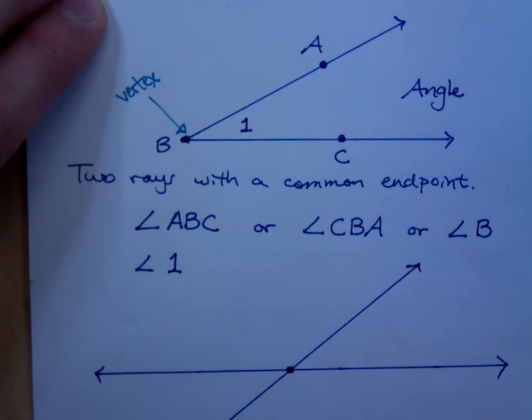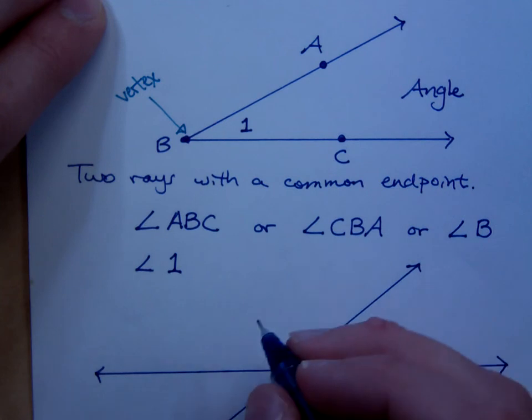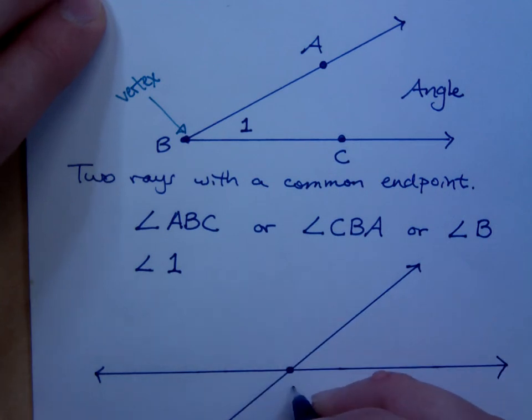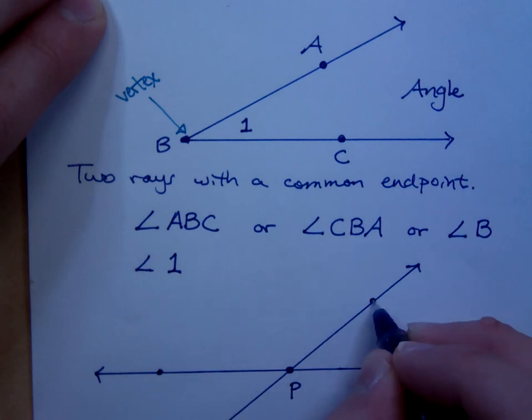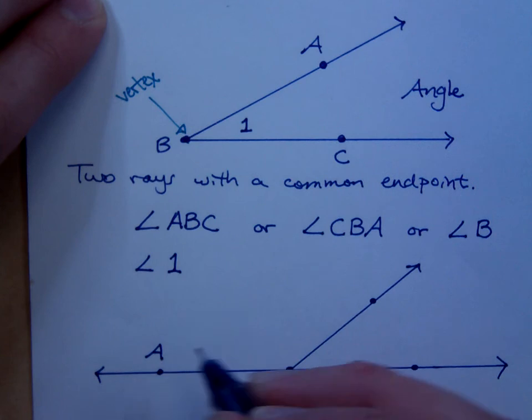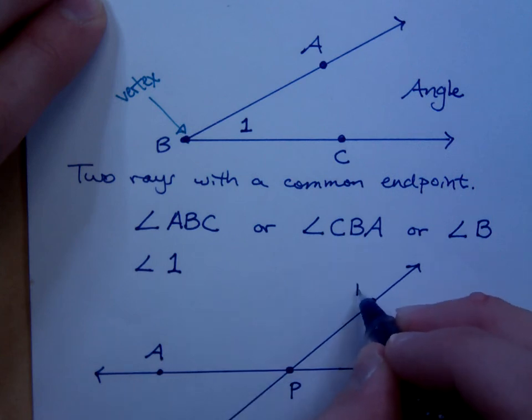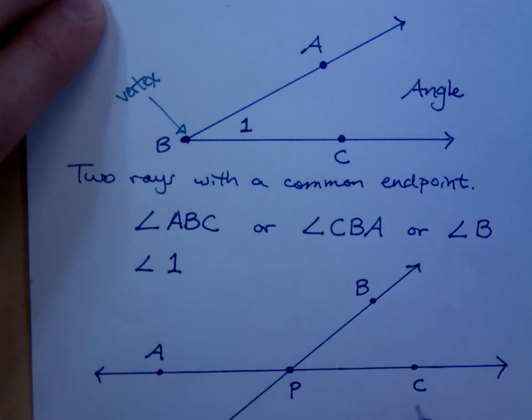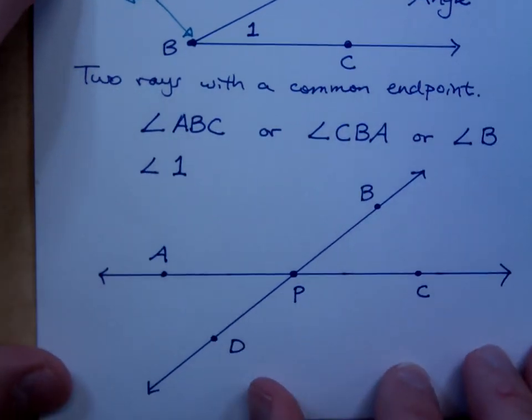I've created 4 angles. Okay. Let's call this point P. Point P is where these two lines do what? Intersect. Intersection is the word I was looking for. Now I'm just arbitrarily labeling these points here A, B, C, and D.